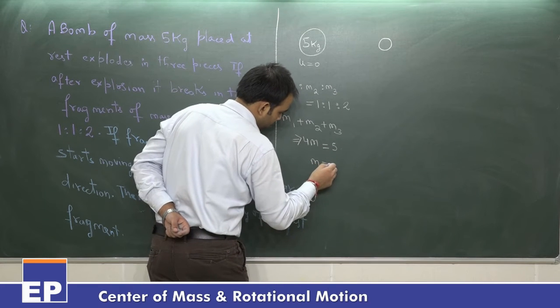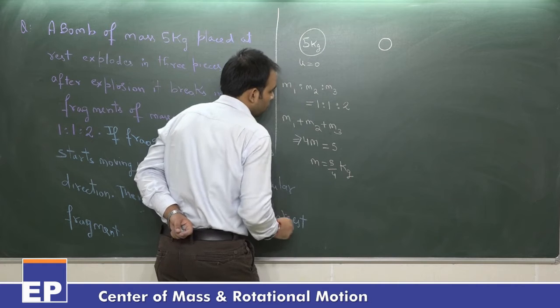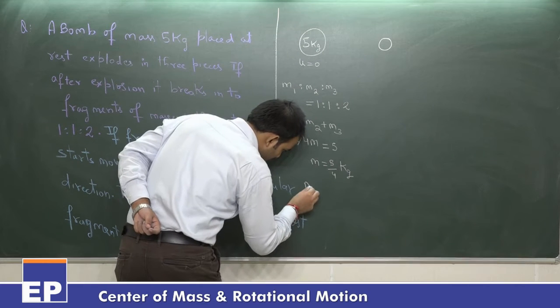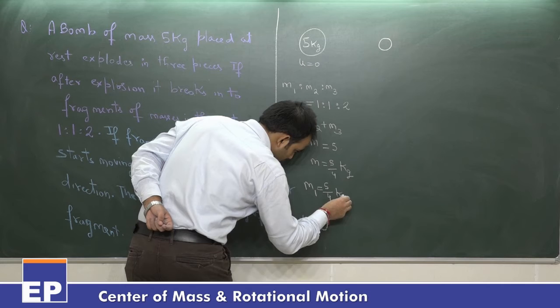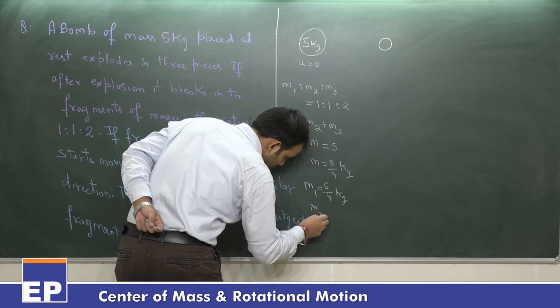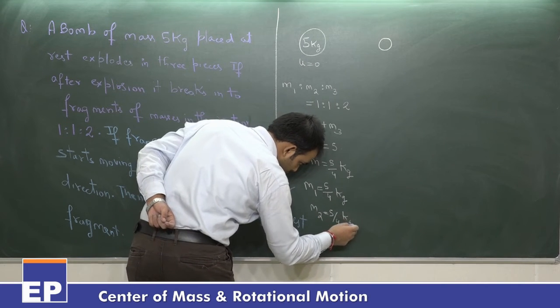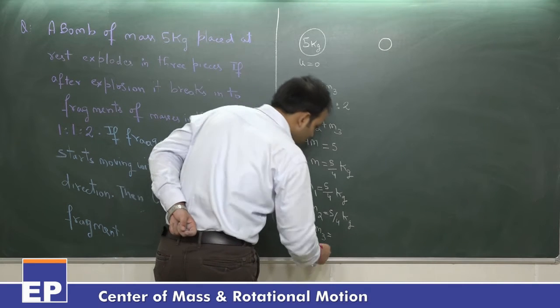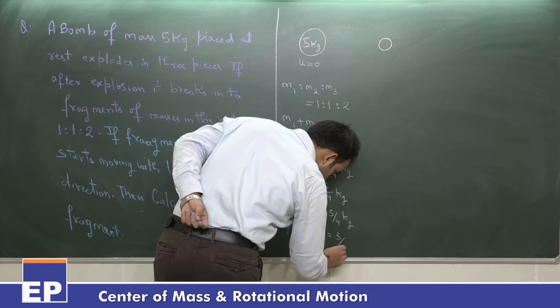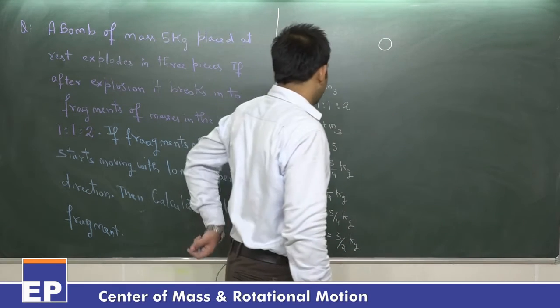So what is m? 5/4. So what is m1? 5/4 kg. What is m2? 5/4 kg. And what is m3? It is 2m, that is 5/2 kg. Right?